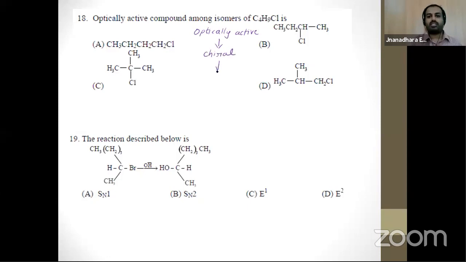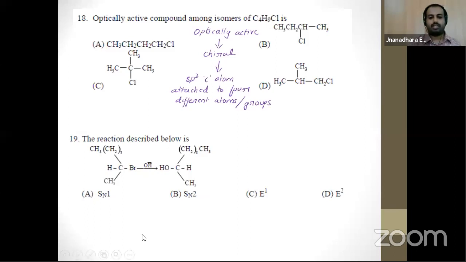For it to be chiral, what's the condition? There must be an sp3 hybridized carbon atom attached to 4 different atoms or groups. That's it, easy.